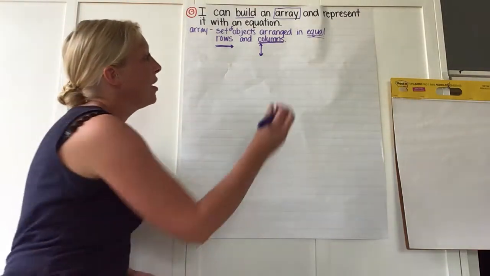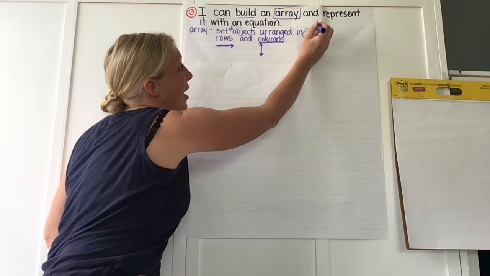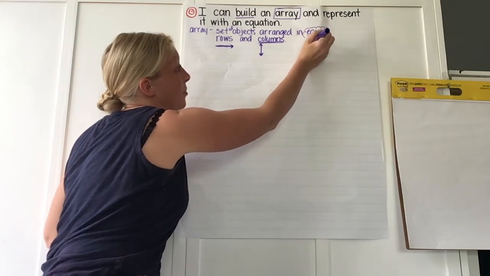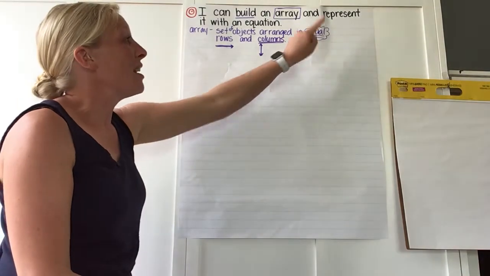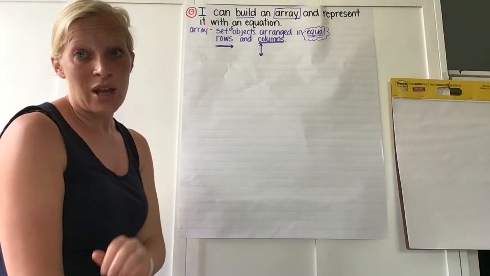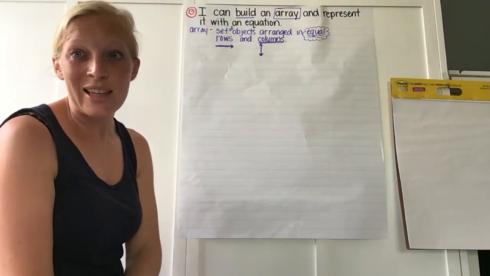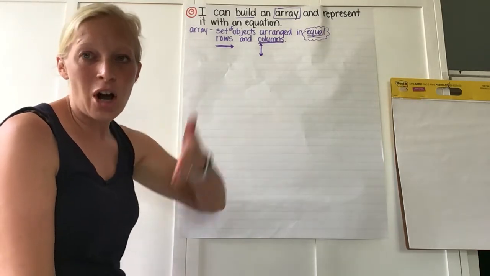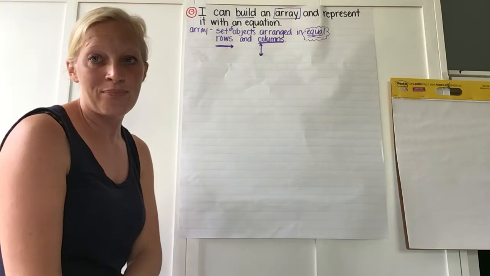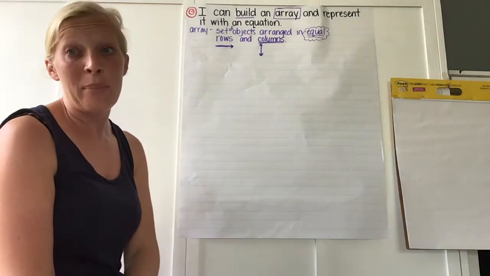But remember, I said that an array is a group of objects that are arranged or organized in equal rows and columns. That means that our rows all have to be the same and our columns have to be the same. Now, a row and a column might not be, okay?